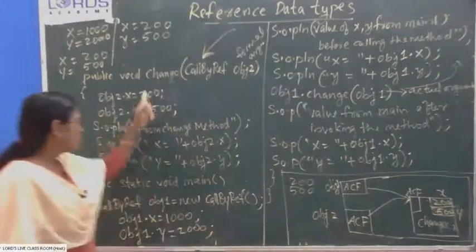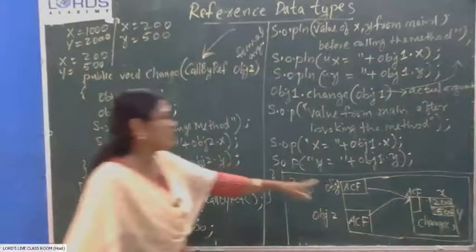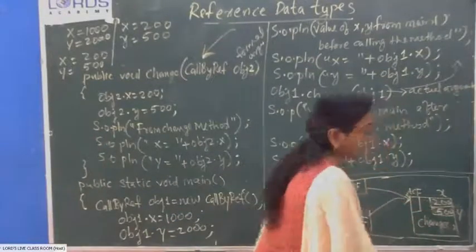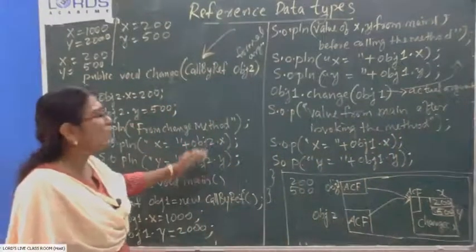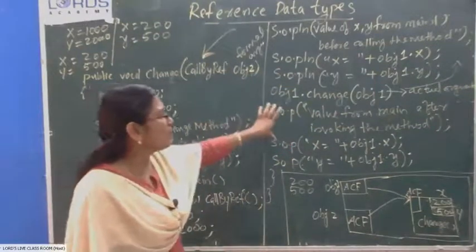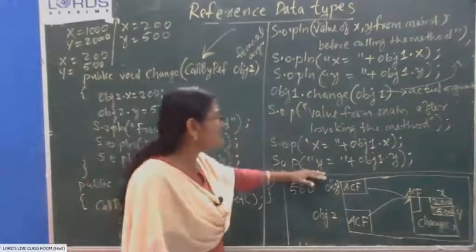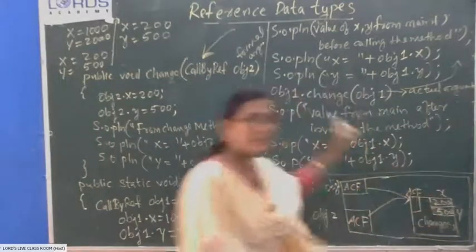So function made changes. That change was reflected. Change was permanent. After executing all the commands from the function, you came back to the main. Once the function is executed, control will come back to the main. Remaining statements of main, when executed, you got the changed value printed.